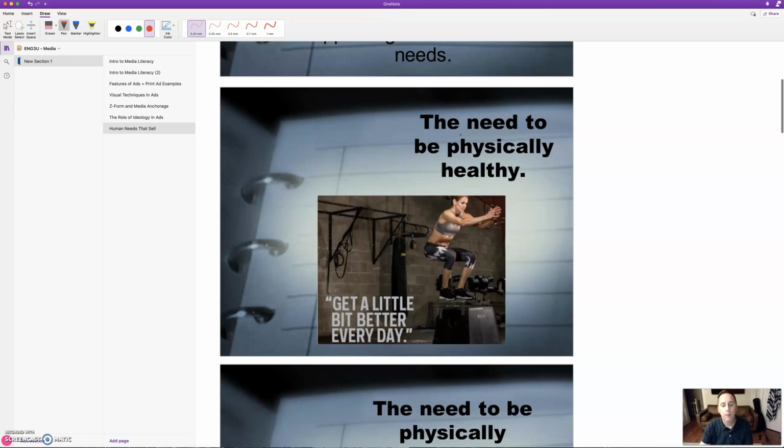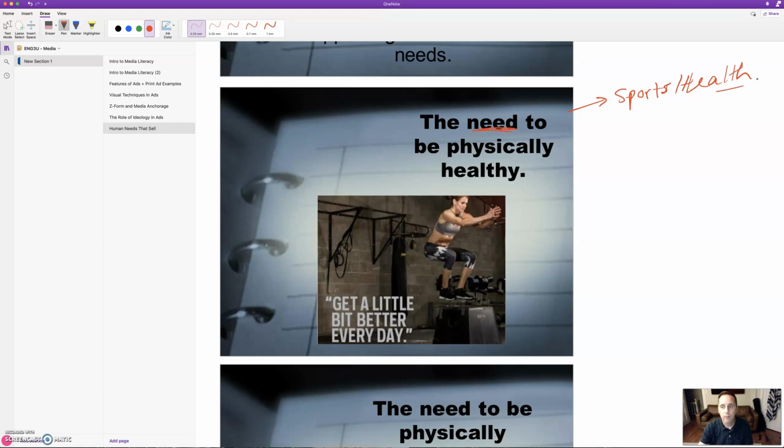Do we know who a target audience might be or what the product might be? Right away it's kind of sports and health related. And in this case it's the need to be physically healthy.